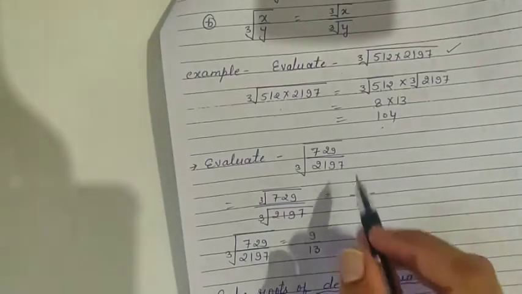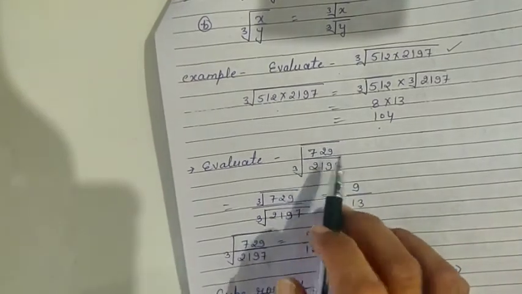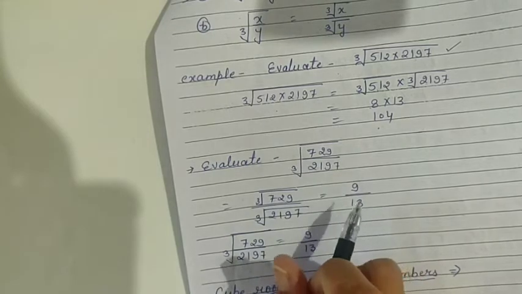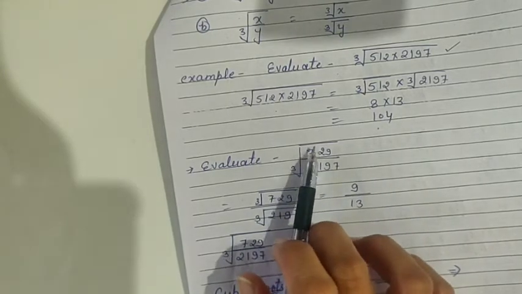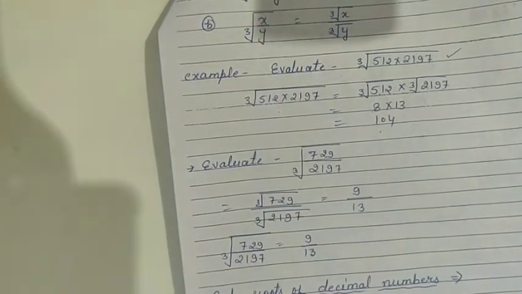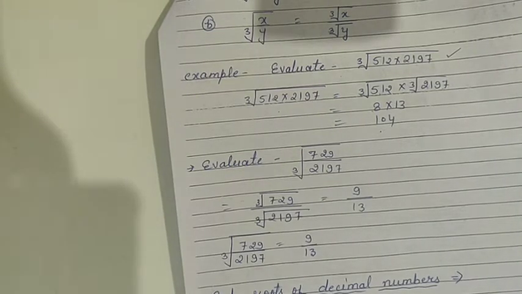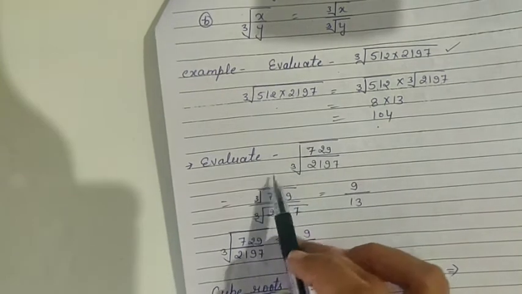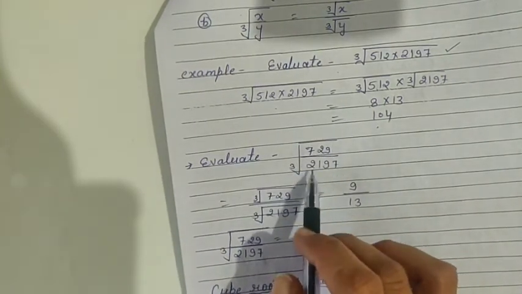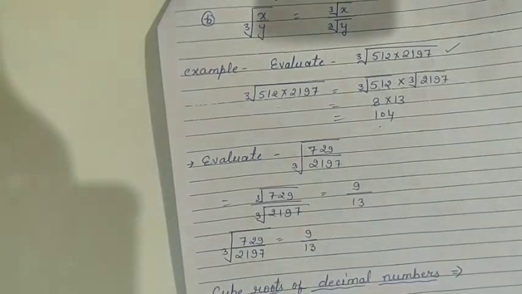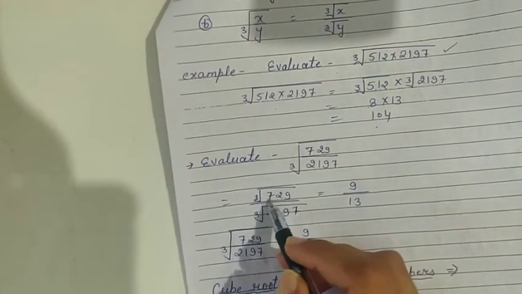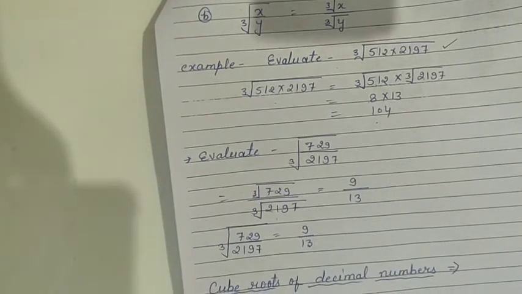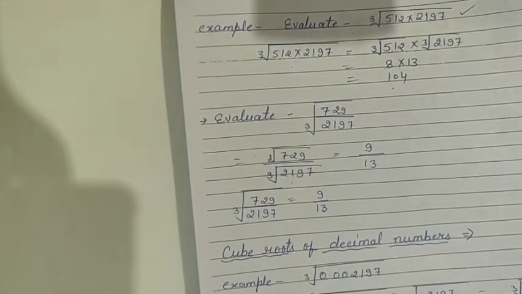Now we have to find cube root of 729 upon 2197. This is in the form of cube root of x upon y. So cube root of x upon y equals cube root of x upon cube root of y. So cube root of 729 upon 2197 equals cube root of 729 upon cube root of 2197.